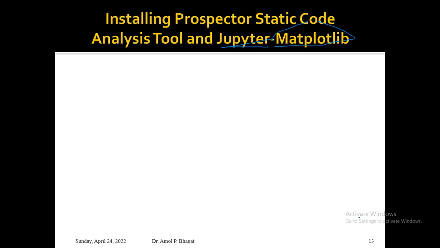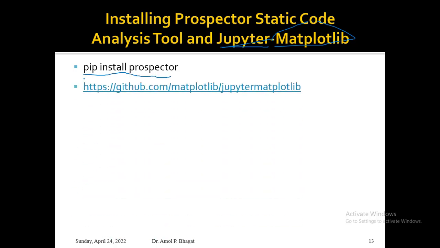Again you have to install these things. For that purpose, on the Anaconda prompt you will be executing the first command, that is pip install prospector. Here on GitHub you can see the description of the Jupyter Matplotlib extension.